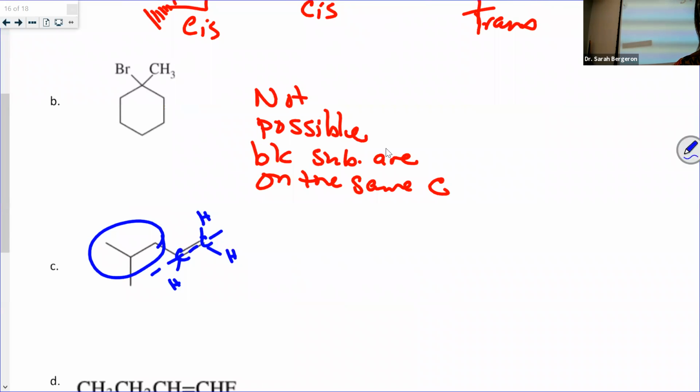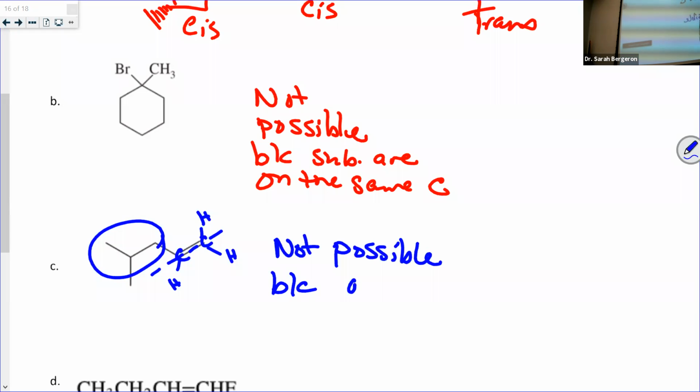So how many substituents do you actually have? Is a hydrogen a substituent? No. So how many substituents do you have? Only one. So again, not possible. But this time, because you only have one substituent.